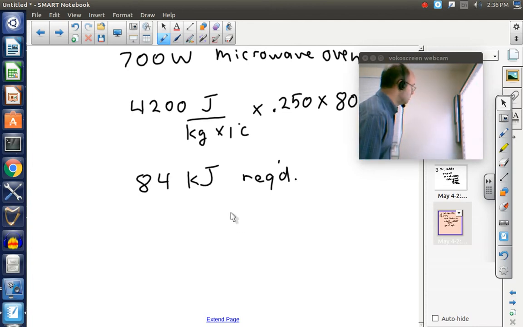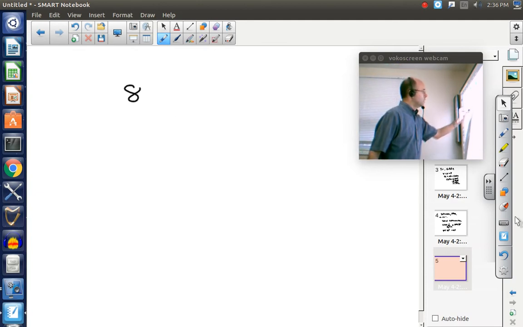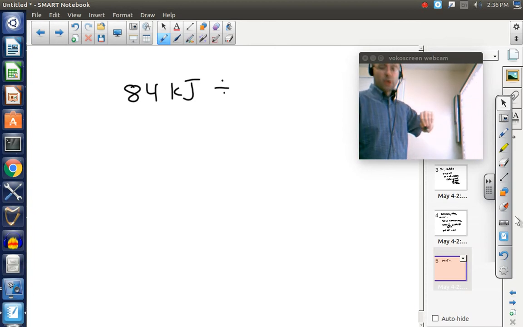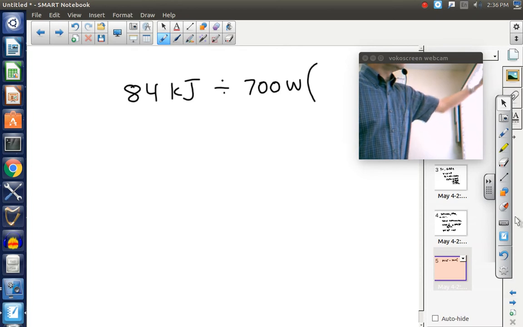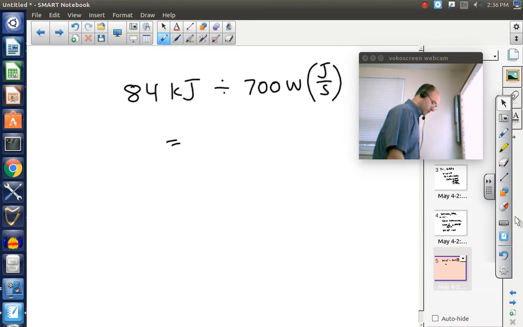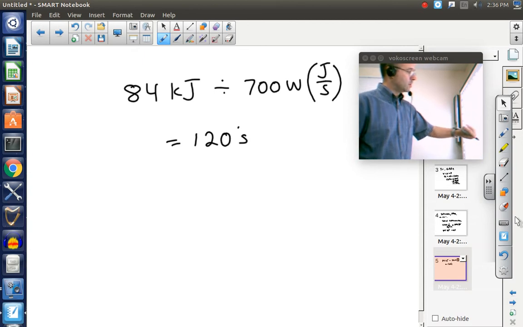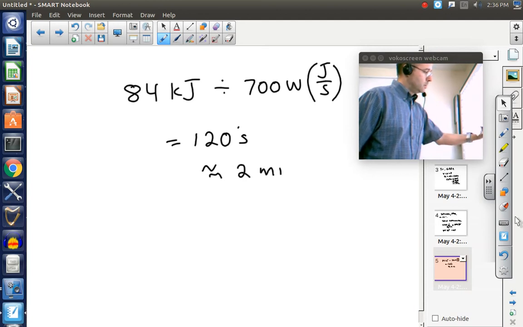Let's look at our 3 different appliances then. So if we've got 84 kilojoules and we divide by the power of my microwave, 700 watts, and that's the same as saying joules per second, I get 84,000 divided by 700, 120, that's not degrees, that's seconds, 120 seconds, or 2 minutes.